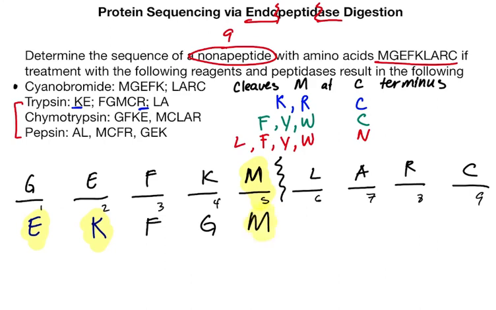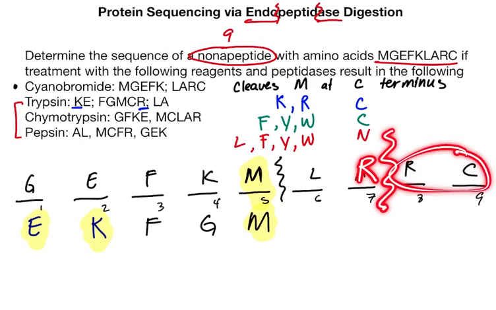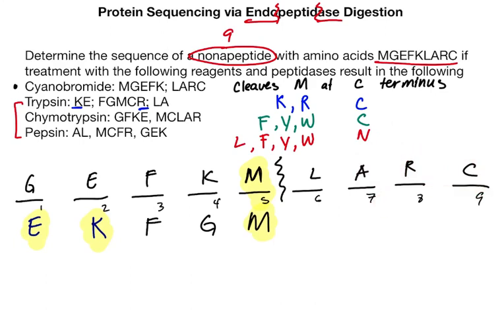How about arginine? So arginine should give you a dipeptide. It can't be over here because this is arginine. If you cut it off over here, right, we're going to form a monopeptide. So this would mean that arginine should be over here because if you cut arginine there, you're going to form a dipeptide, right? Therefore, the position of arginine should be over here, and it gives us LA, right?